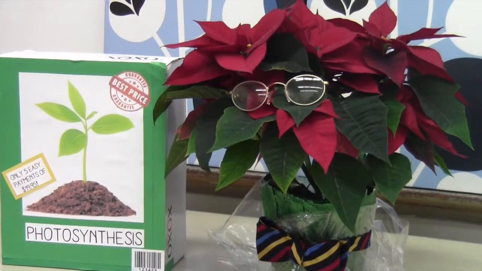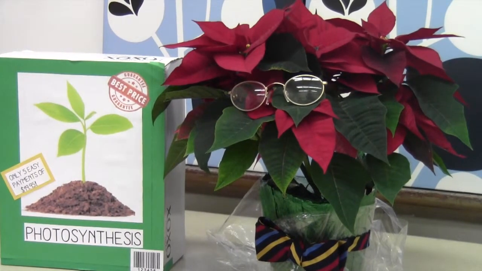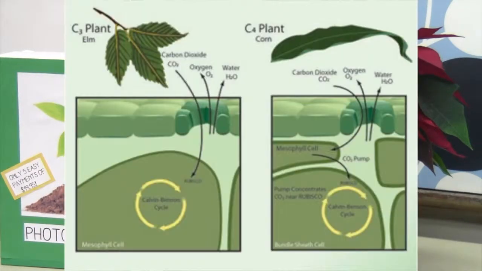Now I shall share with you some amazing adaptations plants have made when the reactions for photosynthesis are not readily available, specifically in hot, dry environments. C3 plants, named so because the first organic compound produced is the 3-carbon compound 3-PGA, adapt to hot and dry weather by closing their stomata, thus conserving water. However, this causes sugar production to stop, as carbon dioxide cannot enter the leaf.